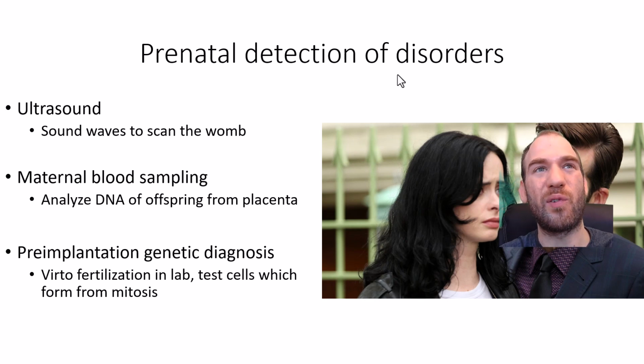We'll let that embryo develop within a lab for a few days or something along those lines, and then extract some cells from that lab-grown fertilized egg to test those cells for any potential diseases or potential chromosome-related disorders.